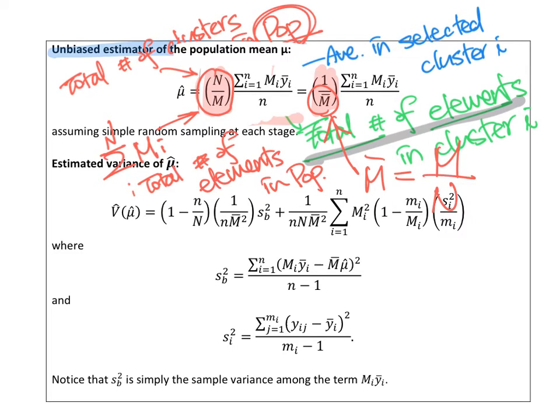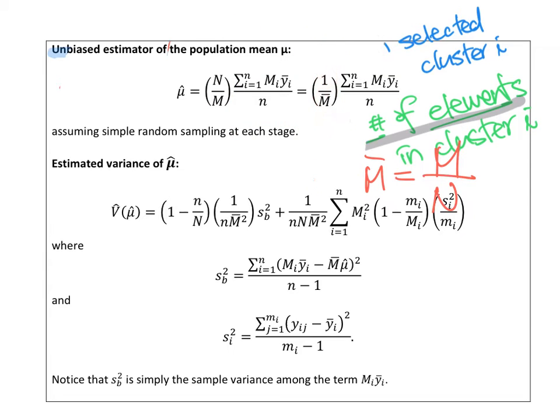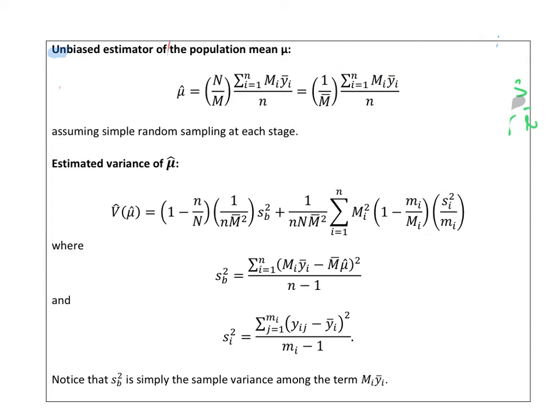So that is the same thing. So let me erase everything. So please try to understand how we can estimate the population mean by the two-stage cluster sampling. Okay, and the second one is the estimated variance.